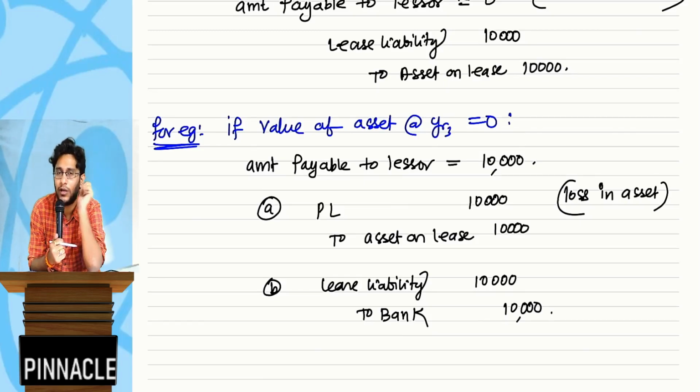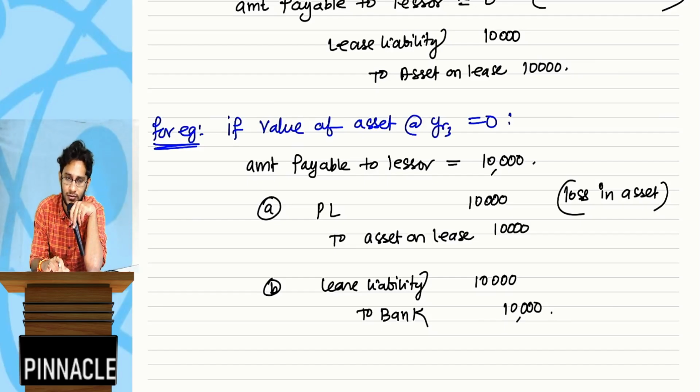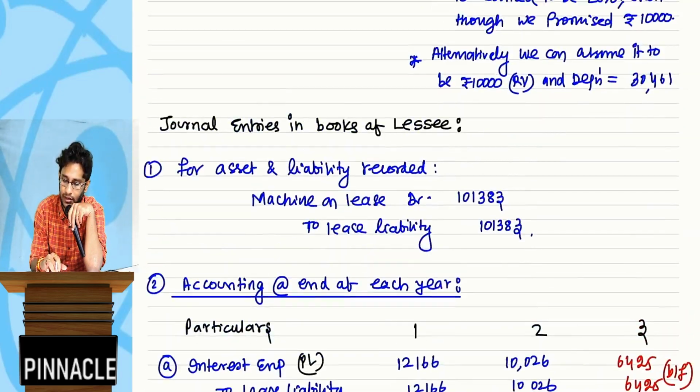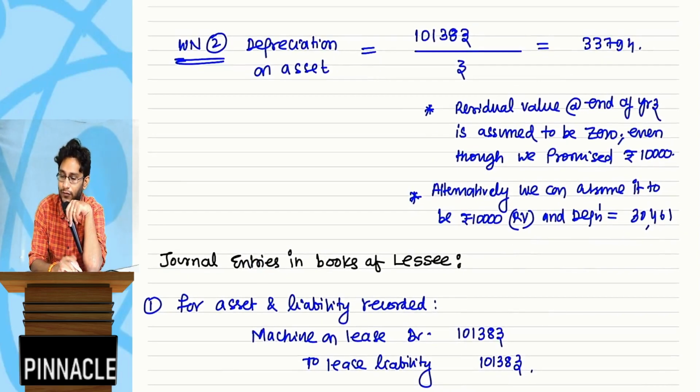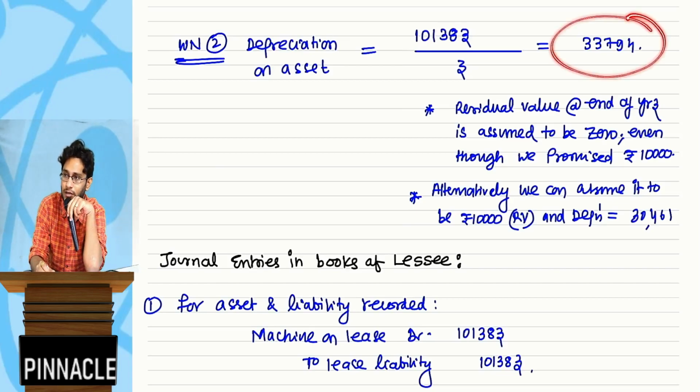Go back to your initial calculations of depreciation. We charged 30,761. There was one more calculation, 30,461. There was one more calculation for depreciation, 33,794. If you believed on the first day itself that the asset's value is 0, then you should have charged a depreciation of 33,000. But on the first day you believed that the asset will be worth 10,000, so your depreciation amount came to only 30,461.